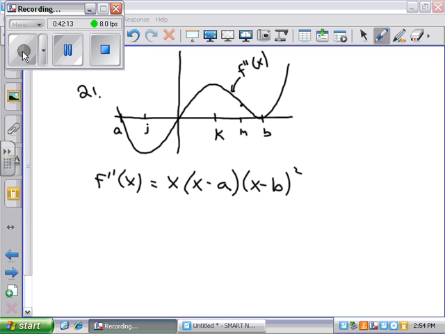They give you a graph of the second derivative, and they give you its equation. Right? And they say, for what values of x does the graph of f have a point of inflection? Right? When the second derivative changes sign.